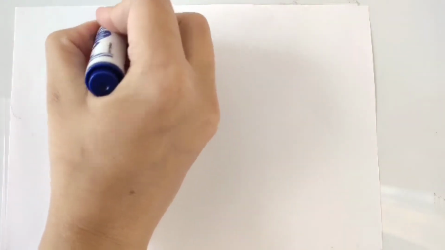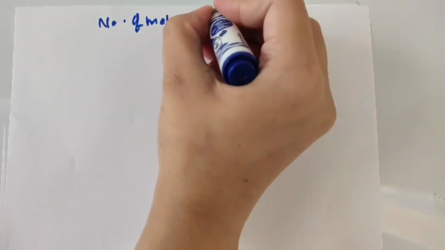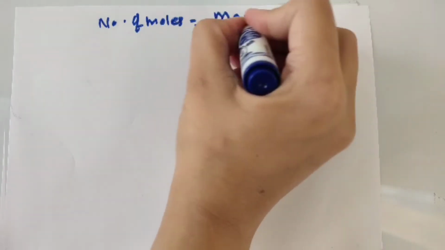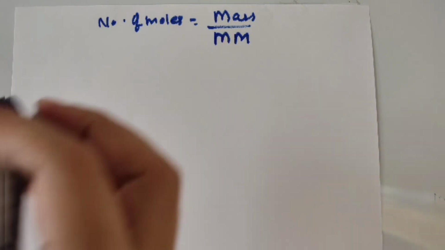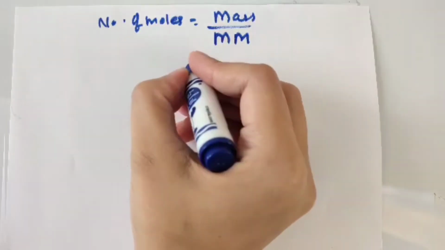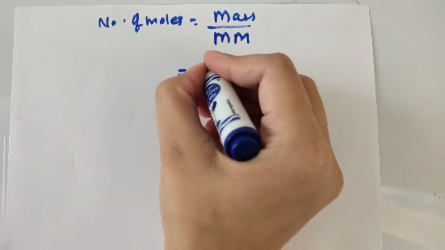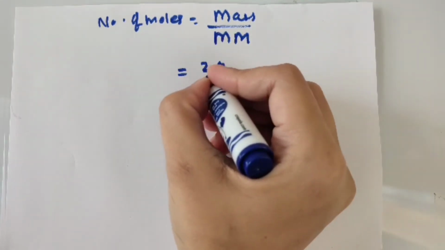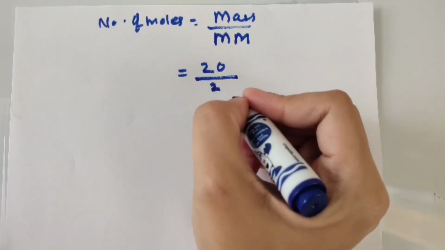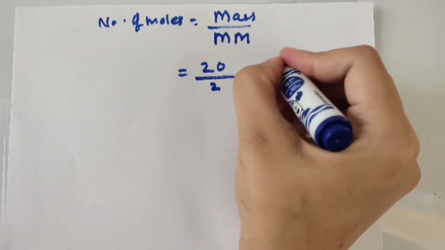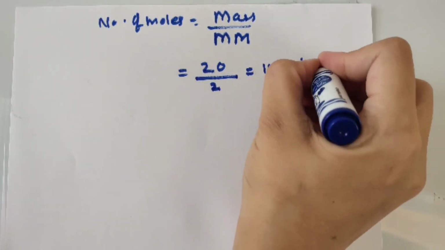We know that number of moles is equal to mass upon molar mass. In our case, the mass of H2 is 20 gram and the molar mass of H2 will be 2. So it comes out to be 10 moles.